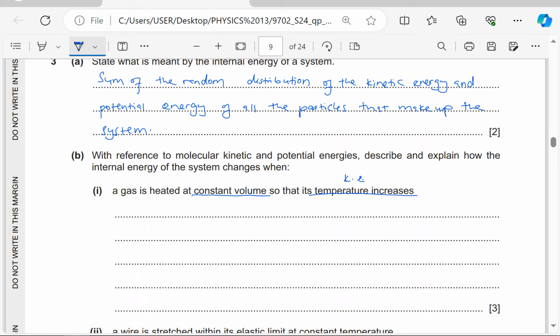That means the molecular potential energy is not going to change. But remember, internal energy is equal to the kinetic energy plus the potential energy. Even though the potential energy is not changing, the kinetic energy is increasing, so the internal energy is going to increase.